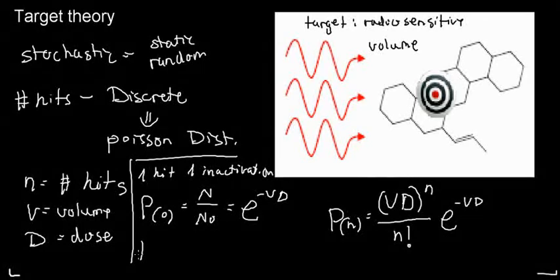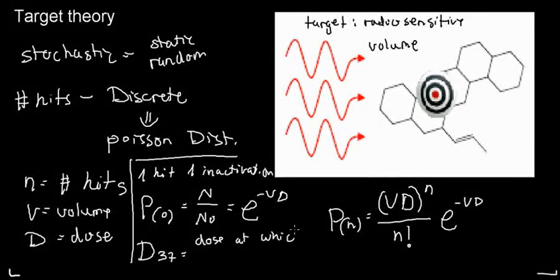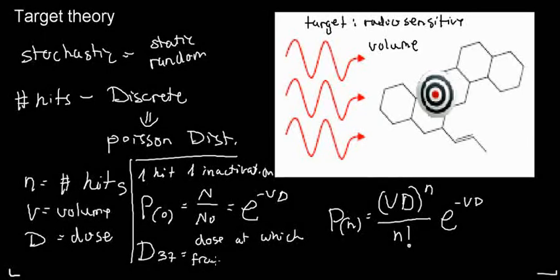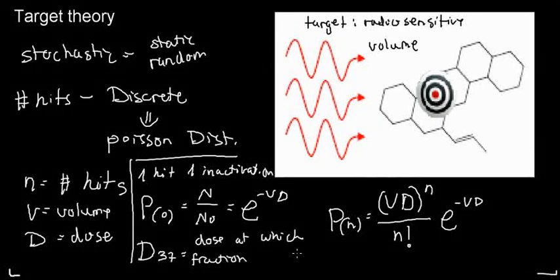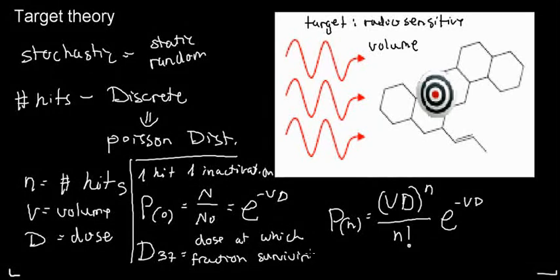And as far as industry standards are concerned, we have a concept called D37, and often we are using this number 37%, 36%. D37 just says the dose at which the fraction of surviving organisms or individuals drops to 37%.